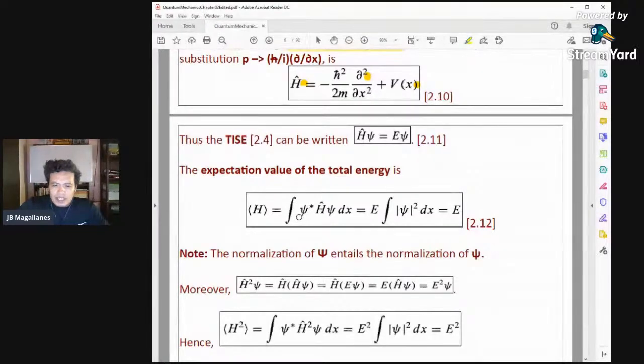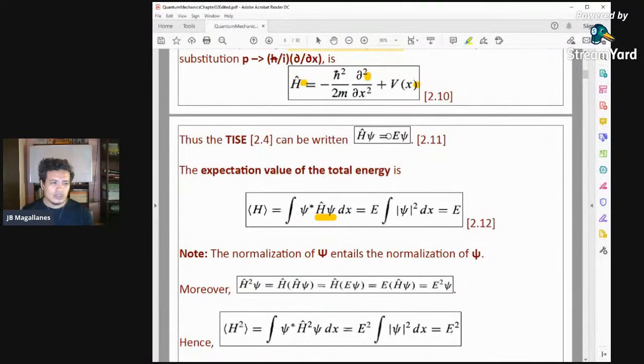So you have phi star, then H hat, then phi dx, and H hat phi is equal to E phi.